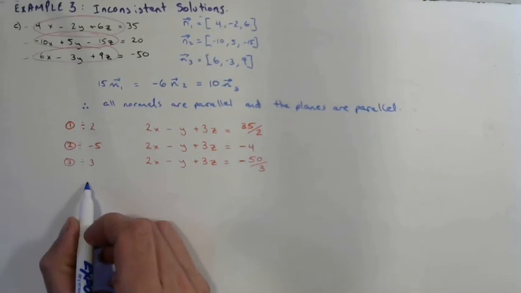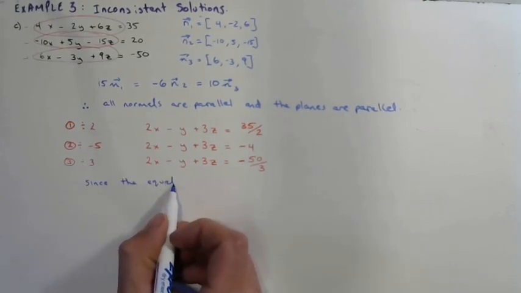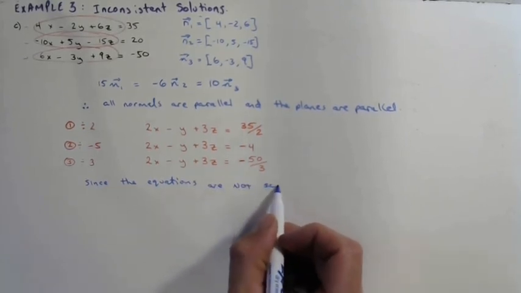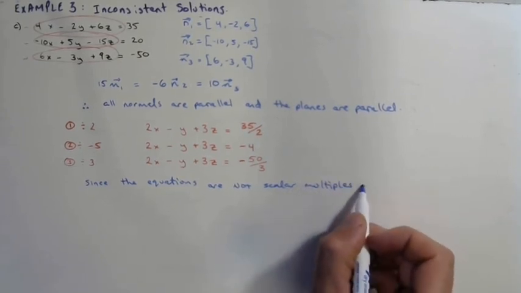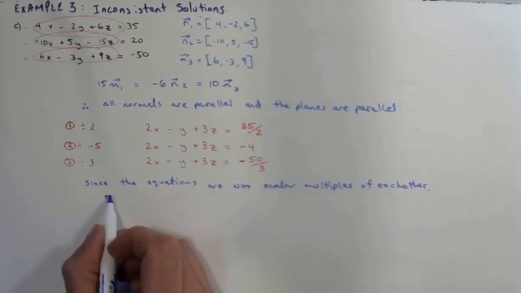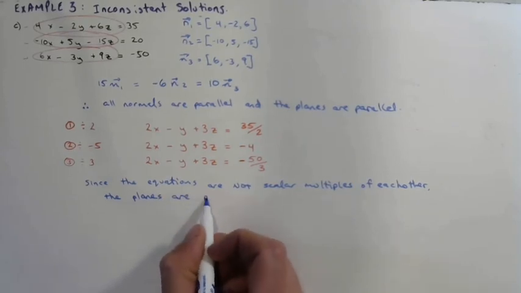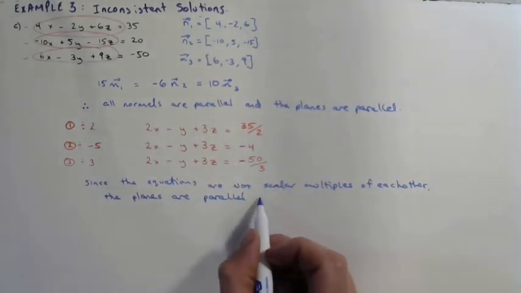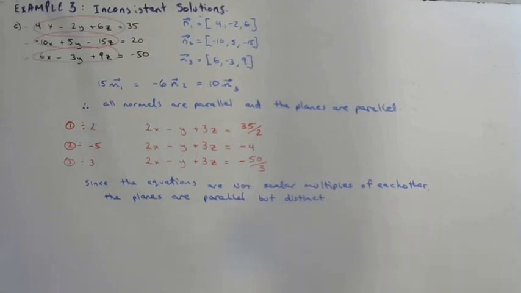Since the equations are not scalar multiples of each other, the planes are parallel, which we found out here, but distinct. So not coincident.